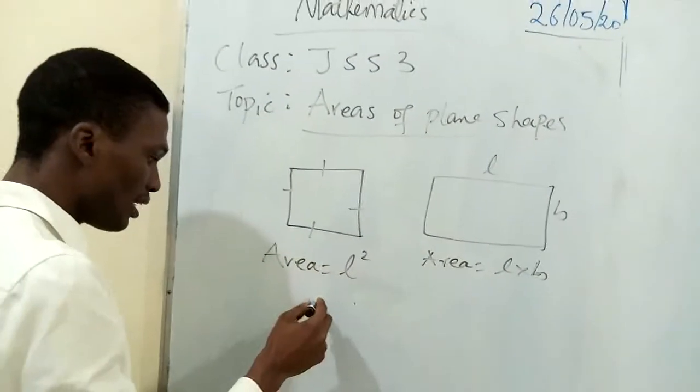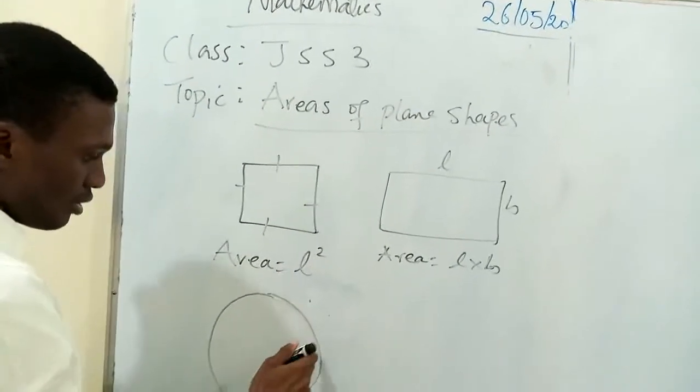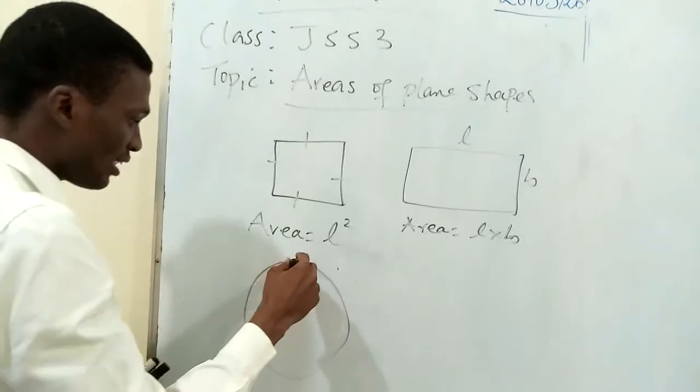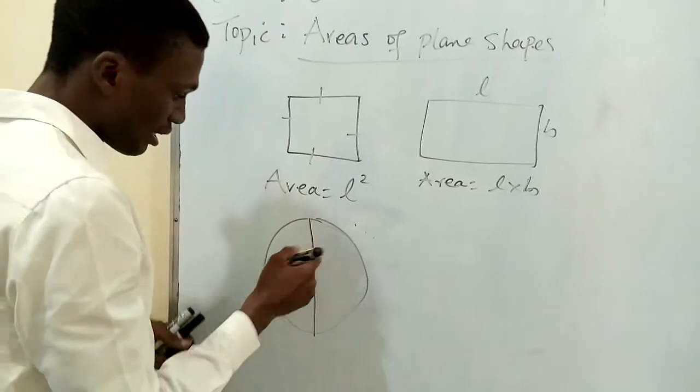For a circle, any straight line that divides a circle into 2 equal parts is called the diameter.